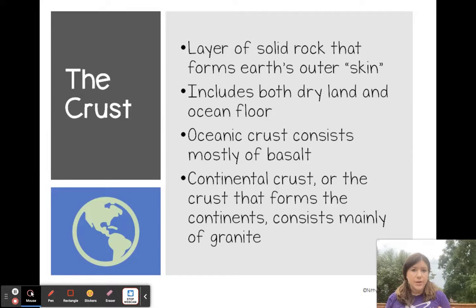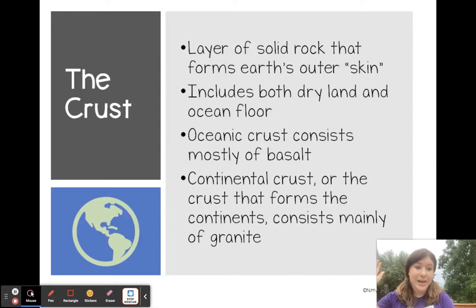All right, so the crust or the lithosphere, we can kind of use those interchangeably. Again, solid outer layer of the Earth, both dry land and ocean floor, right? So the ocean floor is part of the lithosphere, so don't forget that. Oceanic crust is mostly made out of basalt, which has a lot of iron in it. It's that darker color rock, whereas continental crust is mostly made out of silicates or granite.